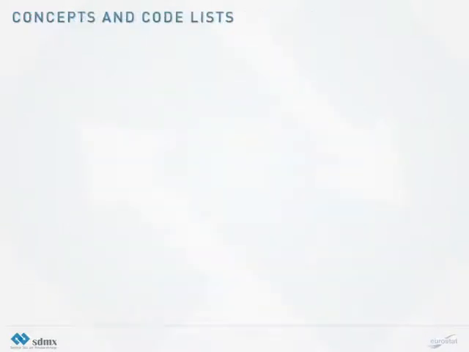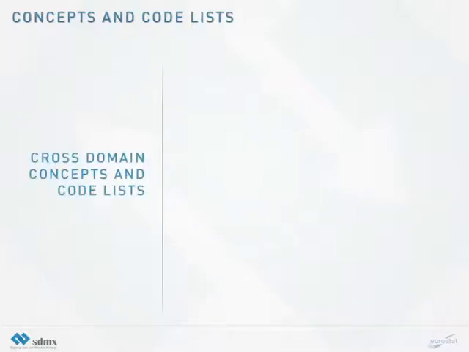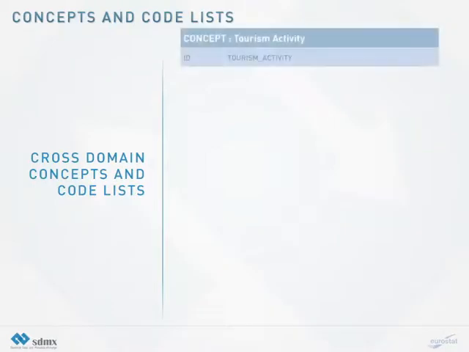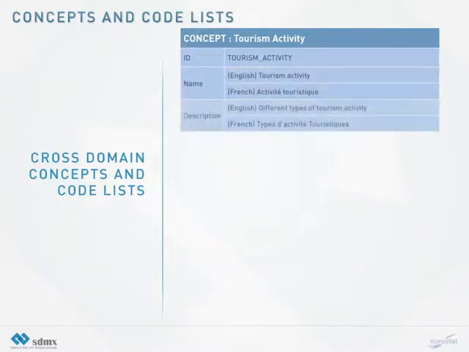In the SDMX information model, concepts act as identifiers and descriptors of the data. A concept consists of an identifier, a name, and a description. Names and descriptions can be stored in multiple languages.